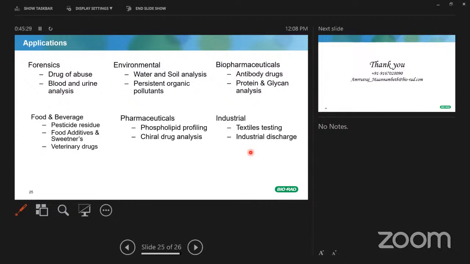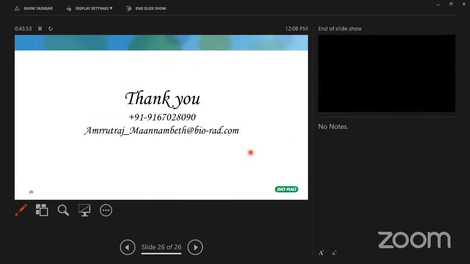But broadly, this encompasses the applications. There are numerous examples in papers showing different aspects, but I'll not go into detail. It will be difficult to put everything in a short time, but I've just summed up. So with that, I conclude.